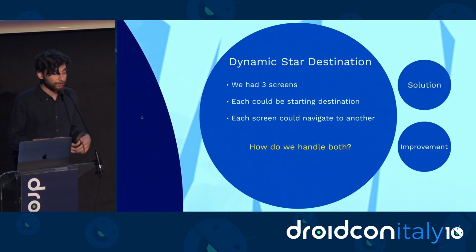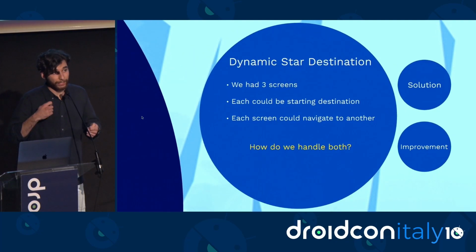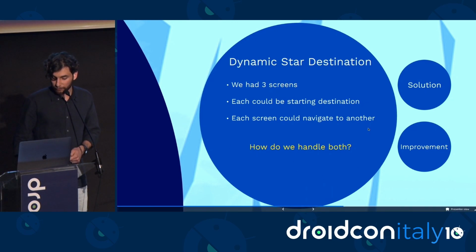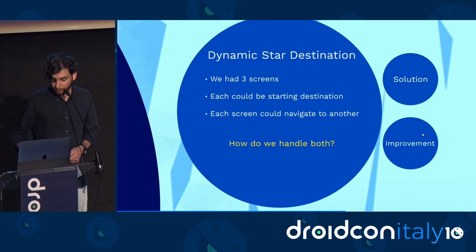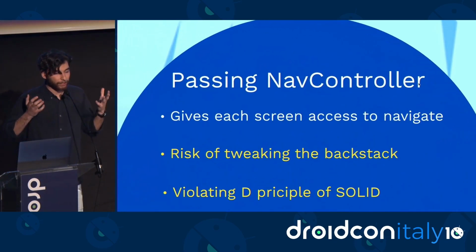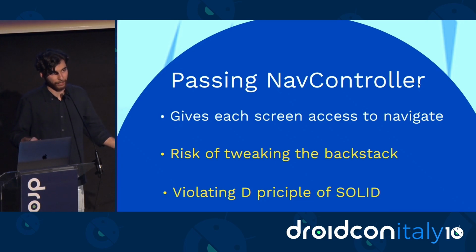But again, since we are the type of people that get annoyed easily, we found something else that was annoying us. And that was nothing but passing NavController down to every screen. So yeah, in order to be able to navigate from one screen to another, having the NavController is necessary. I mean, how else can we navigate from one screen to another?